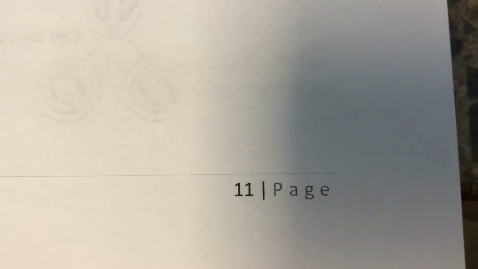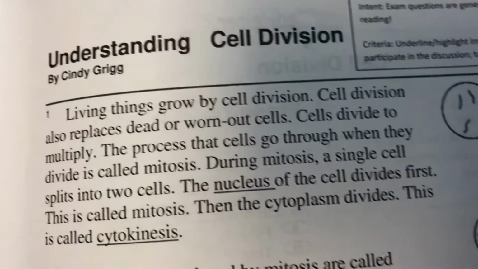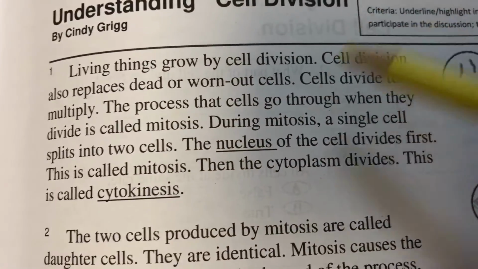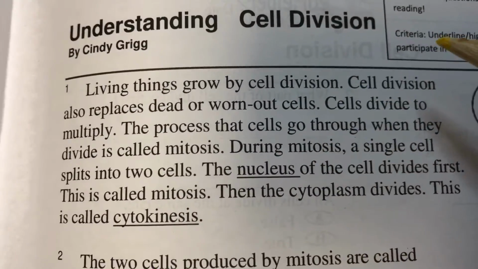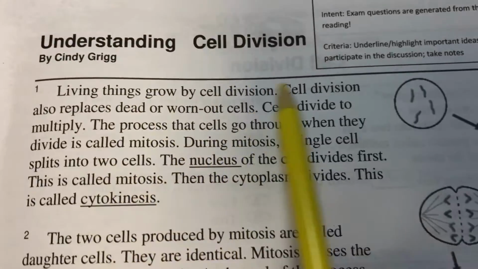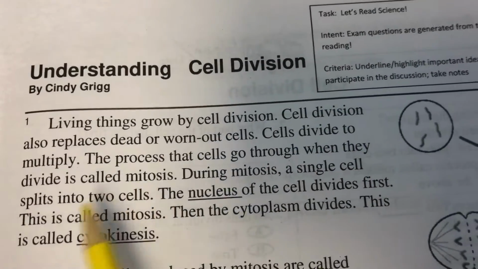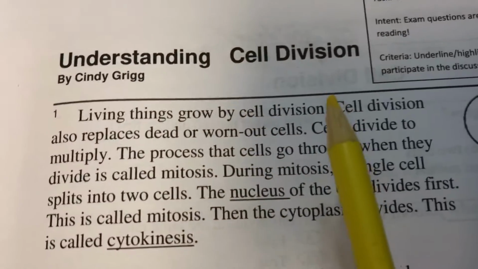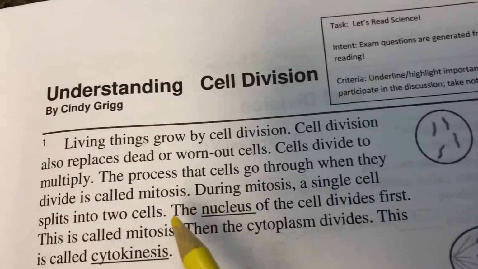Page 11 is a short read, and it's all about understanding cell division. Now, you know by now how we work out the reading here, right? So any important idea, make sure that you highlight or underline them. For me, or for any teacher for that matter, anything that is underlined or highlighted, that is always reading made visible. Okay?